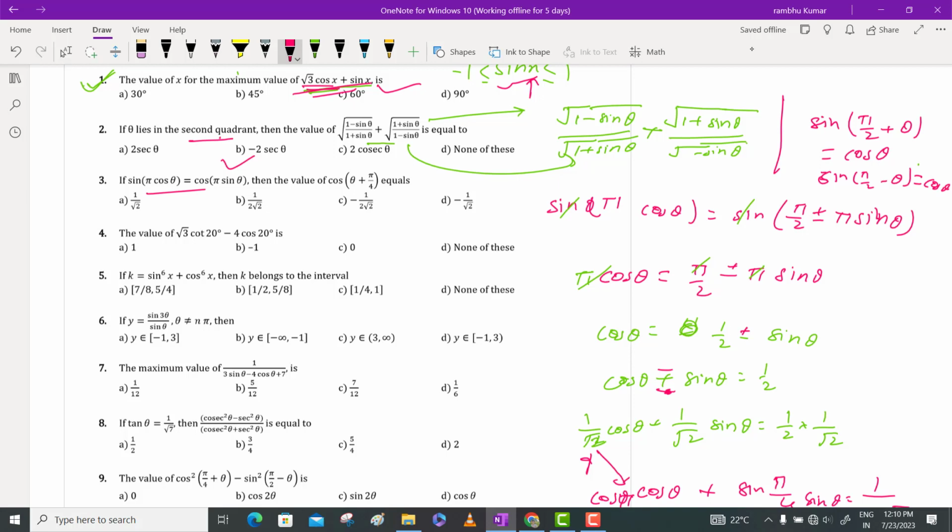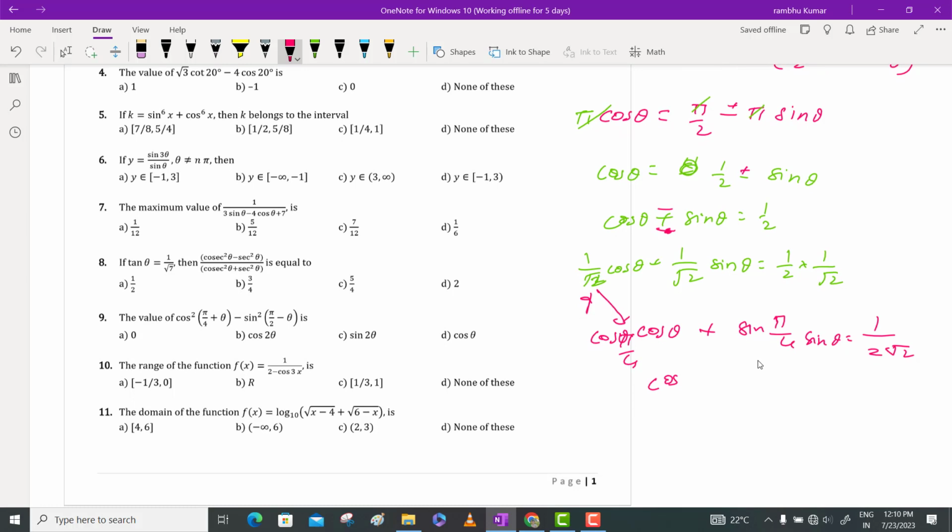So here two conditions are possible for us. Case number one, plus and minus. Now let's say this is minus, then we will have cos of pi by 4 plus theta, which is equal to 1 by 2 root 2.